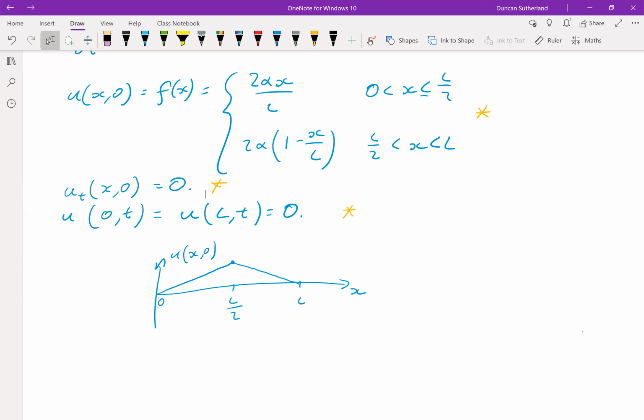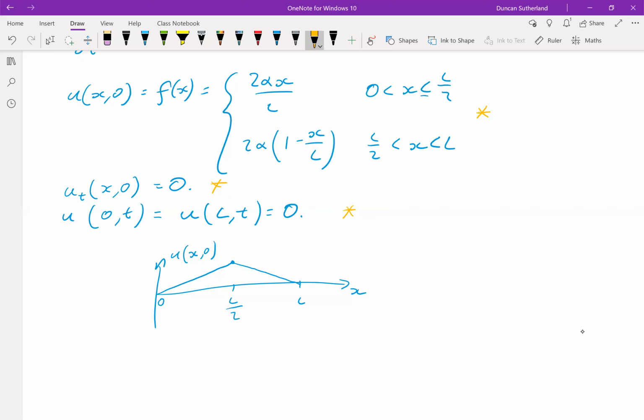So at the initial point, we've got this displacement, which is sort of triangular, like a string that's been pulled upwards to this position, and then it's stationary, right? And that's what this initial condition says, that this string isn't actually moving. We release the string so that it has to sort of accelerate from rest.